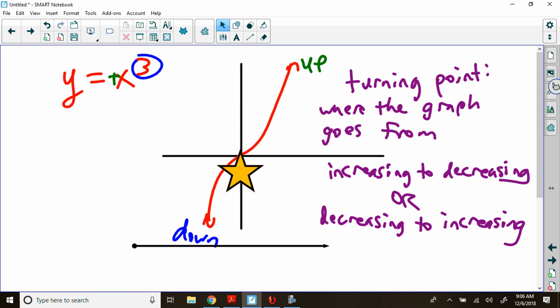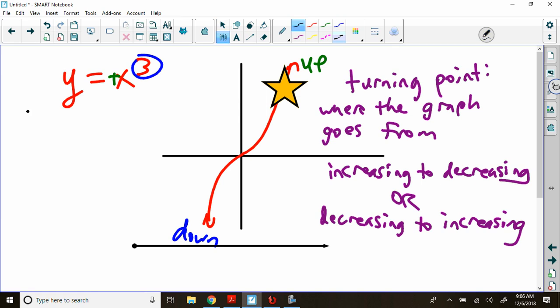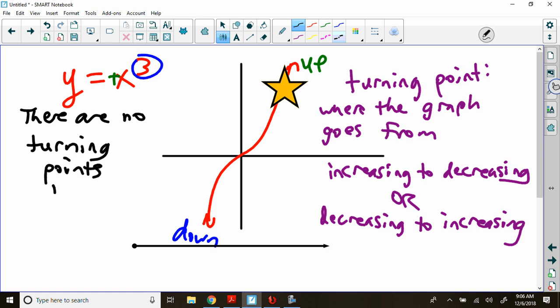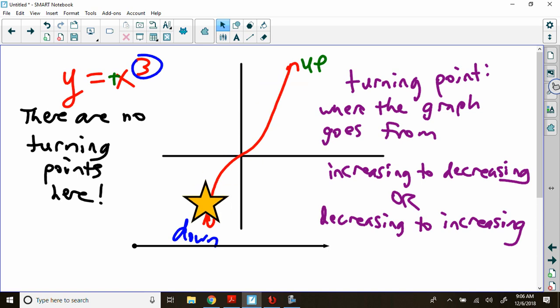So what we would say about this is there are no turning points here. On this particular graph, there are no turning points because from left to right, that star with a tail as big as a kite is always increasing. Does that make sense? Okay.